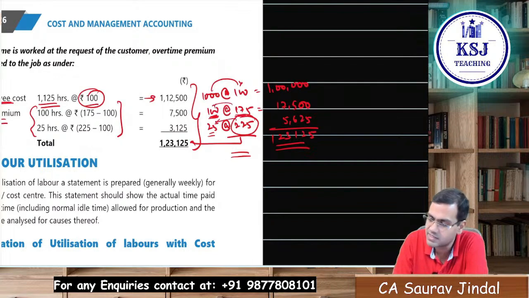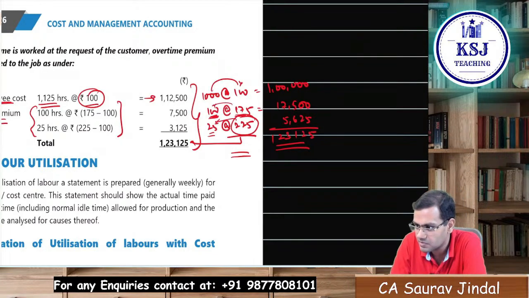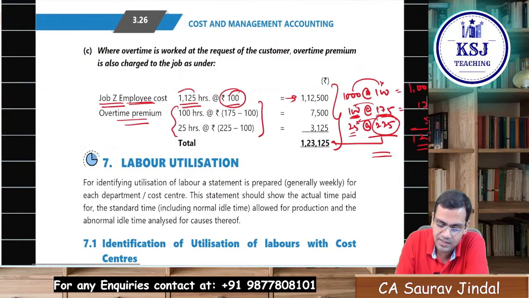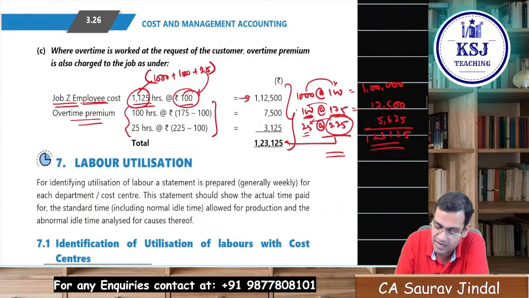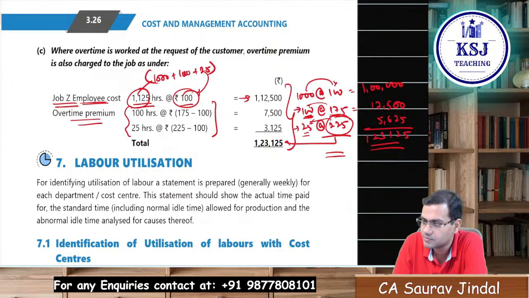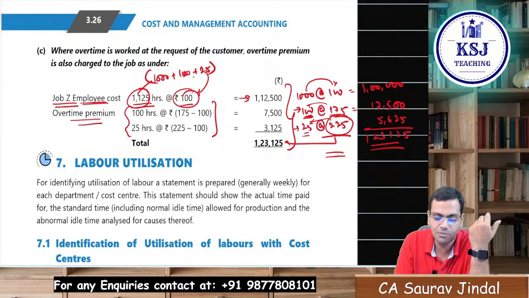In the second case, 1125 is what? In this 1125, the bifurcation is 1000 plus 100 plus 25, for which 100 rupees is paid.